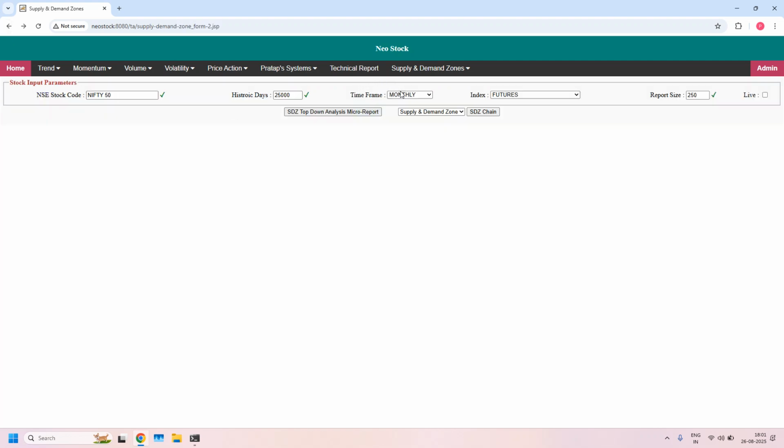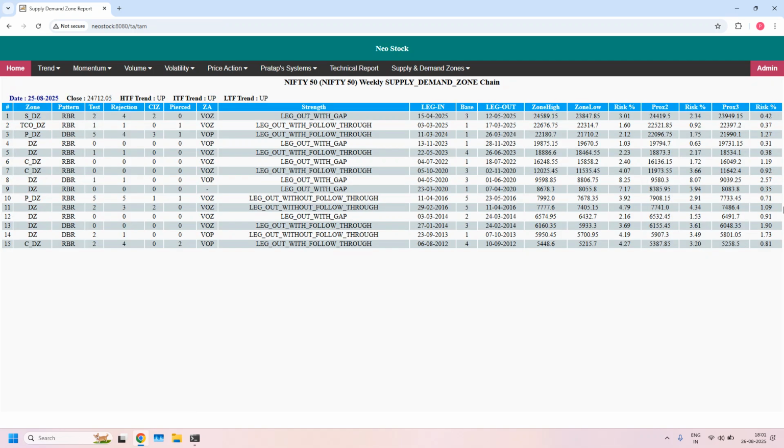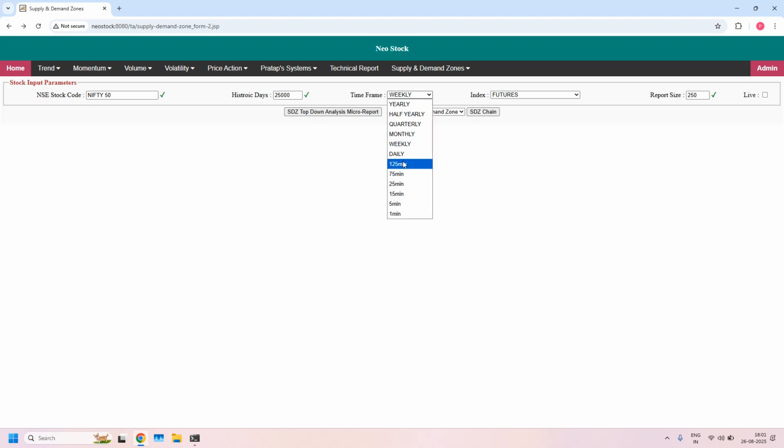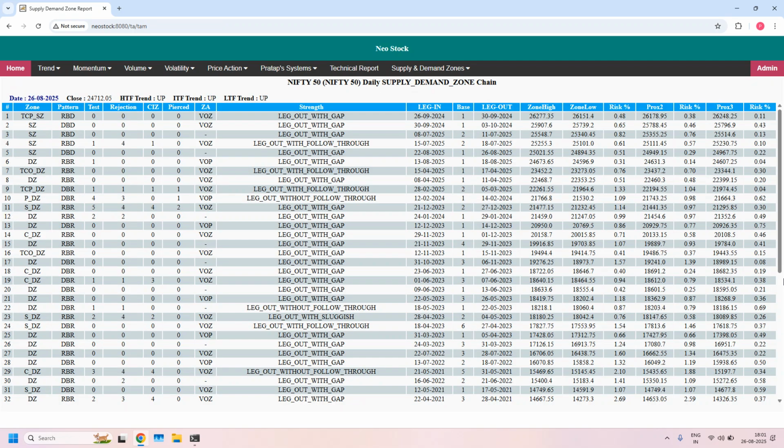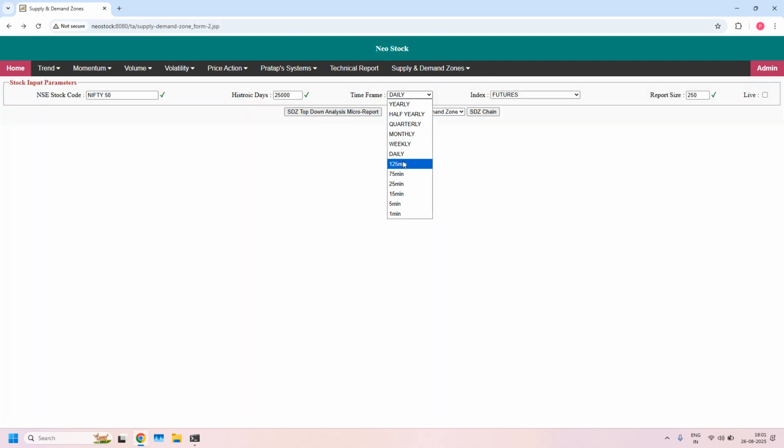Next, generating a weekly supply demand zone chain for NIFTY. Next, generating daily supply demand zone chain for NIFTY. Next, generating 125 minutes supply demand zone chain for NIFTY.